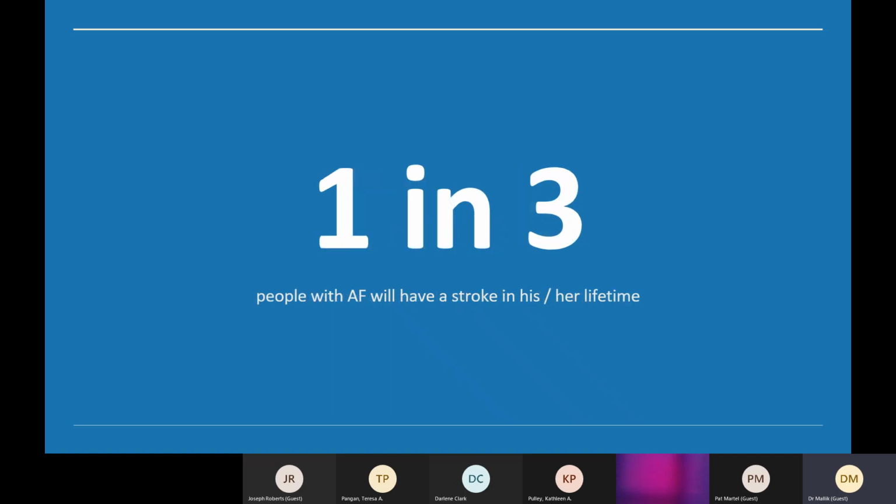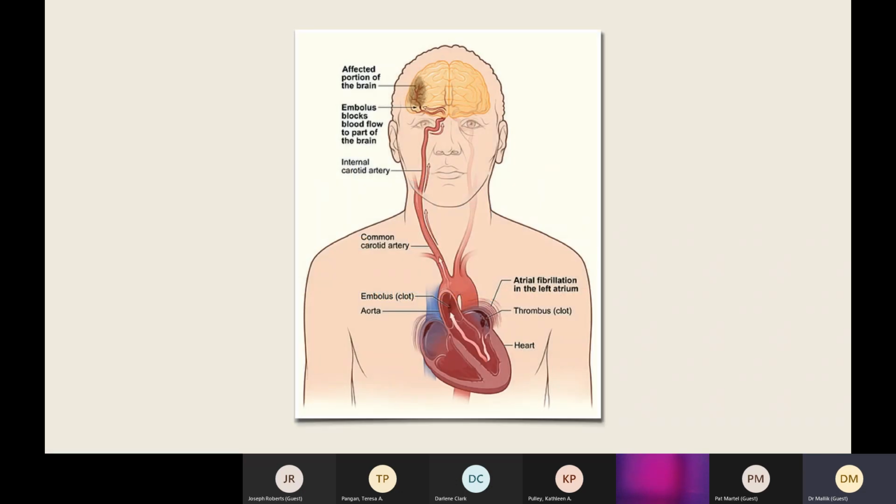And of all the people who have atrial fibrillation, about 1 in 3 will have a stroke of some kind in their lifetime. And those numbers are why, whenever we see someone with AFib, the risk of stroke is always something to assess and address.